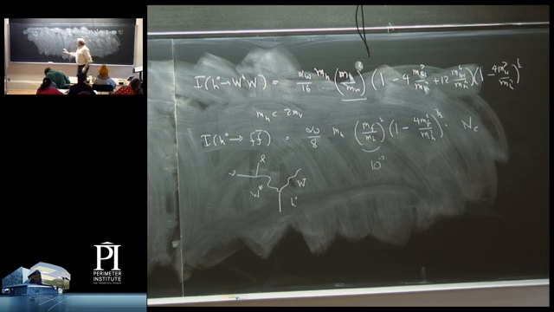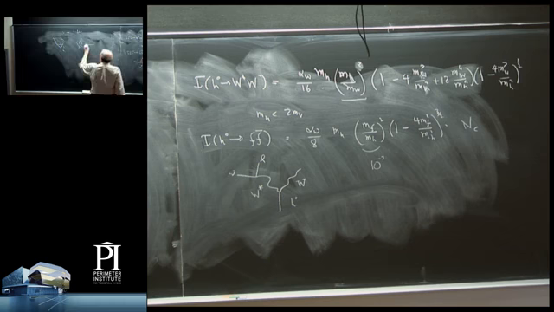Now, let's think about this diagram for a moment. There's an integral d4k. There are 1, 2, 3 quark propagators. So there's a k cubed.